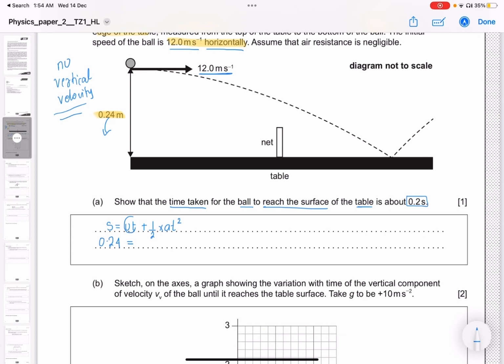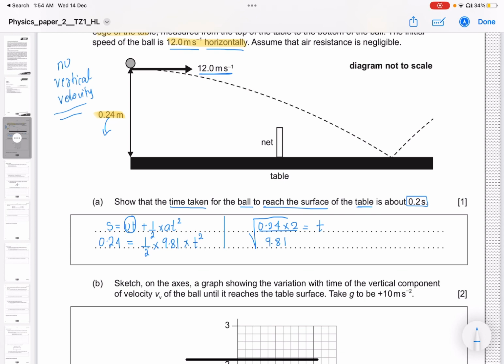So this entire thing turns to zero, and half a, which is 9.81, and time we have to find out. Therefore, the square root of 0.24 into 2 upon 9.81 is equal to t.